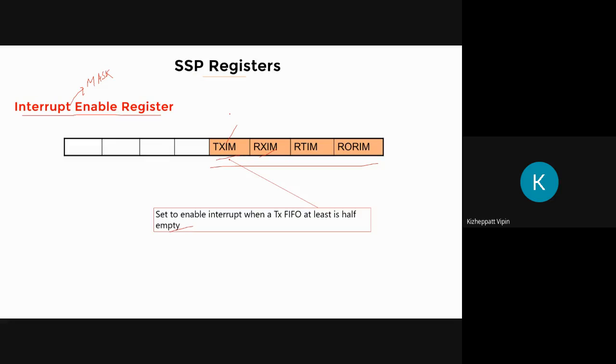If you set it to 1, we will say it is masked, and only if it is masked, you will get interrupt. That's why I simply dropped this and called it interrupt enable register. If you set it to 1, interrupt is enabled. If you set it to 0, interrupt is disabled. That is easier to remember, right? Less confusing.